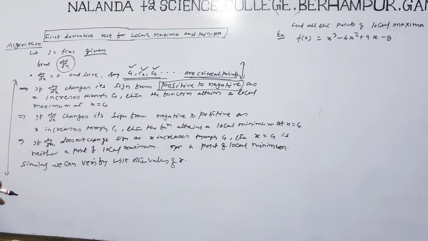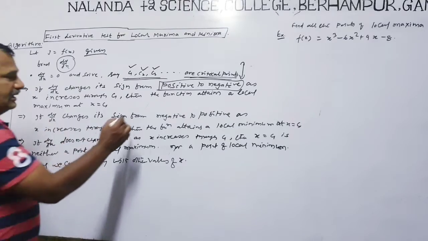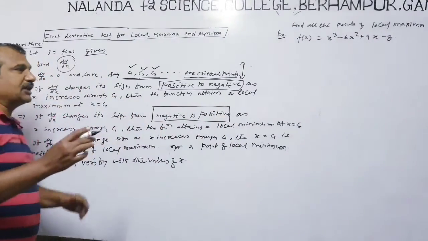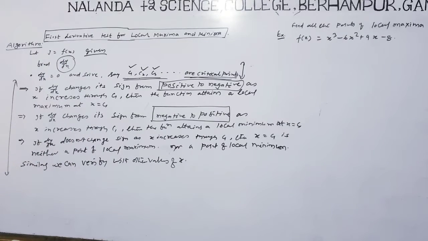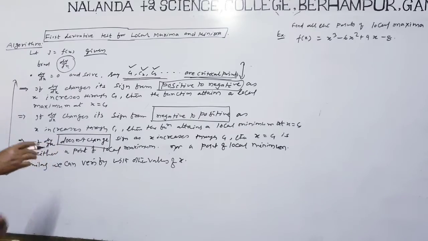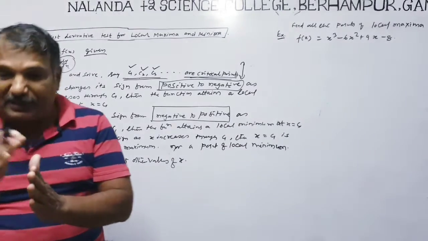The second case is negative to positive; then we say this is a local minimum. If the sign does not change, positive to positive or negative to negative, then it is neither maxima nor minima.